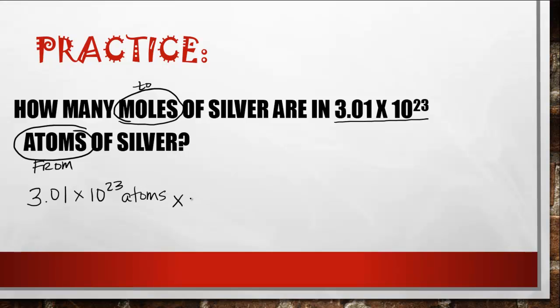And I am going to times my line. Now my from unit goes on bottom, so I put atoms on bottom. My to unit goes on top, so I'm going to put moles on top. And then I just need to, again, fill in numbers. In this case, moles is always 1. Atoms is always 6.02 times 10 to the 23rd.